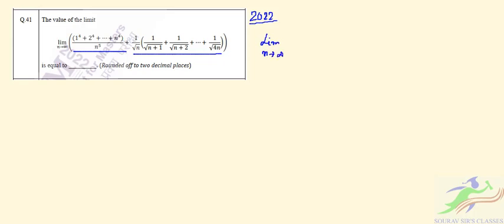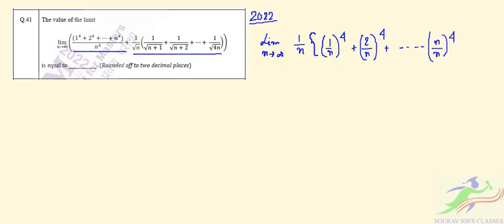If we solve for this part and take 1 by n common, out of n to the power 5, n to the power 4 will remain. So 1 by n times 1 by n to the power 4 plus 2 by n to the power 4 up to n by n to the power 4.